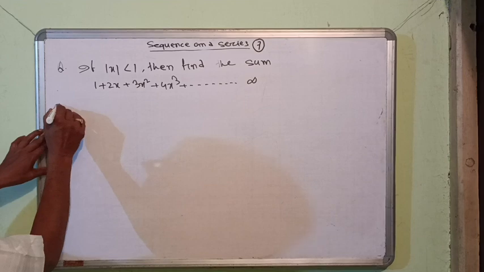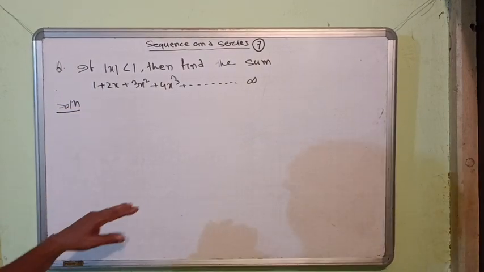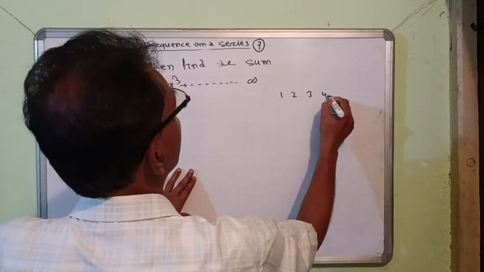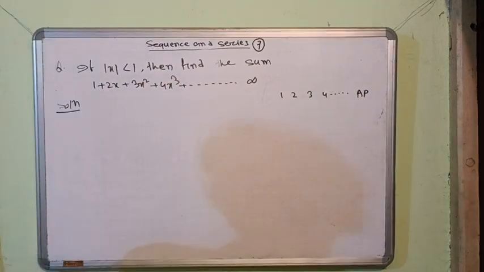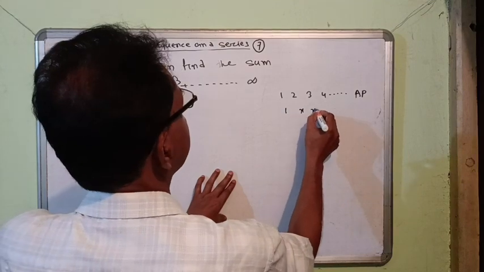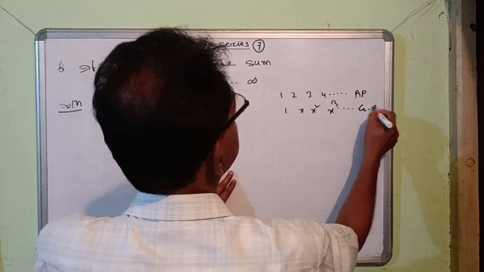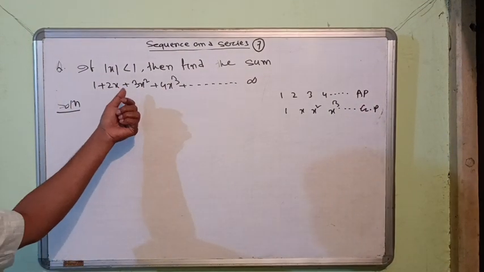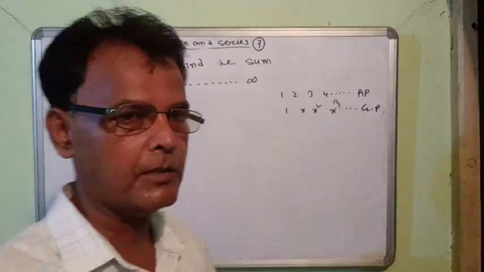Solution. By observation, it is seen that 1, 2, 3, 4 and so on is an AP, and 1, x, x square, x cube and so on is a GP. So we can say that each term of this series is a product of an AP term and a GP term.